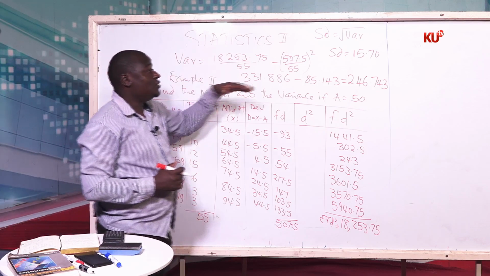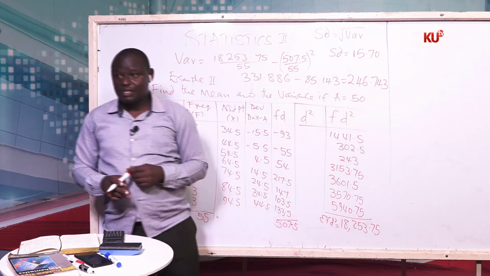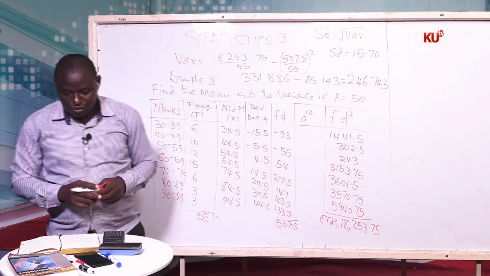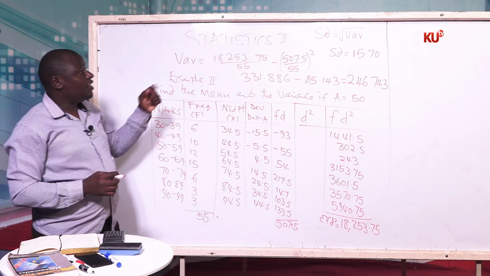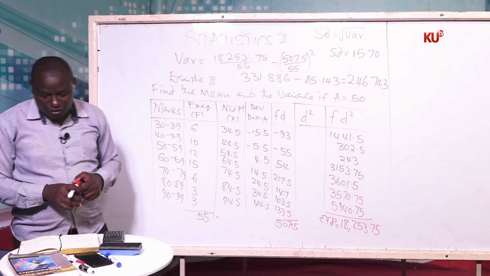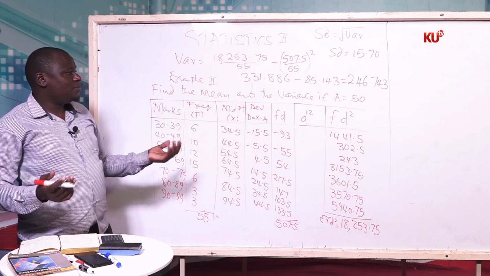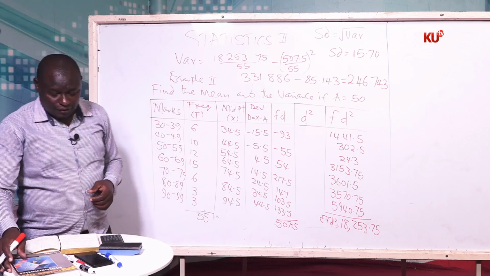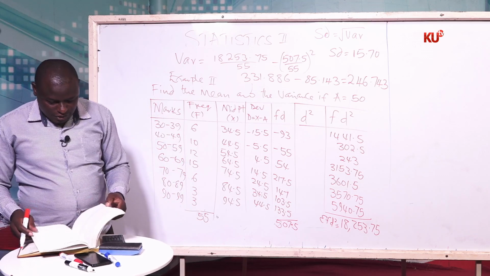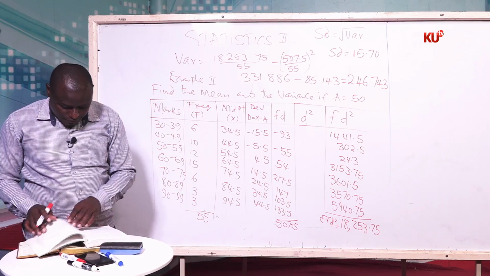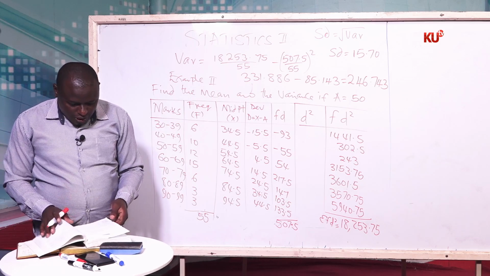And finally, you can calculate your standard deviation, because standard deviation is given by the square root of variance. Possibly you can do one more example if need be, or I could give this as your takeaway assignment, because you need to work this out.